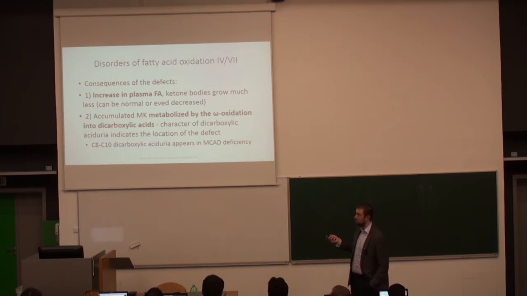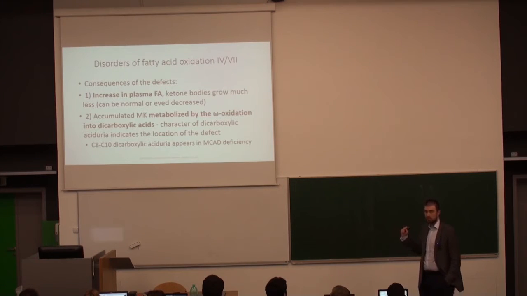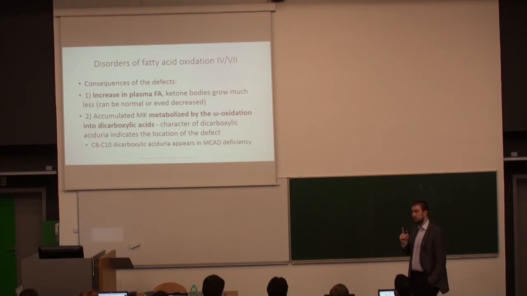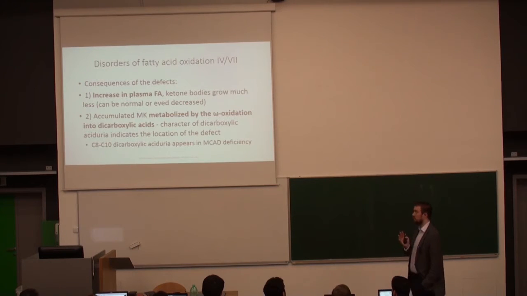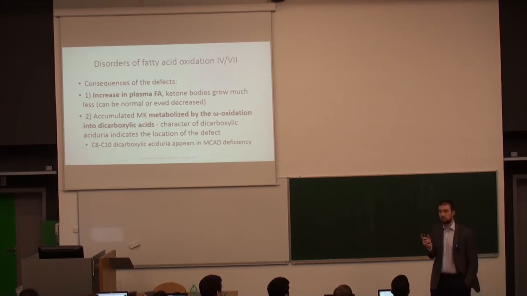As you know, during the lecture, we only slightly mentioned the omega oxidation. This is the pathway where you start the oxidation of the fatty acid from the last carbon. If you do this, then the result of the metabolism will be dicarboxylic fatty acid.